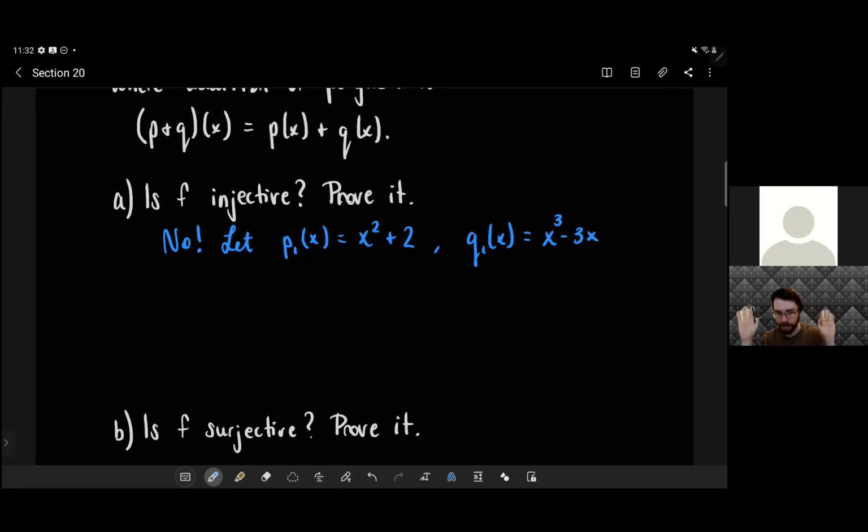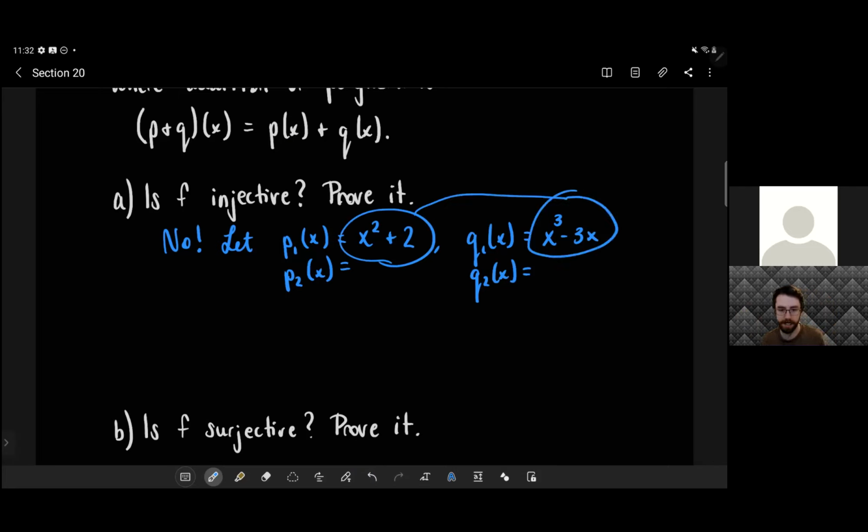You literally pick anything for this first pair. The next idea is to pick your second pair, P2 and Q2, so that they have the same sum. Right? If I add these together, I'll get something, and I want to get the same sum if I were to add P2 and Q2.